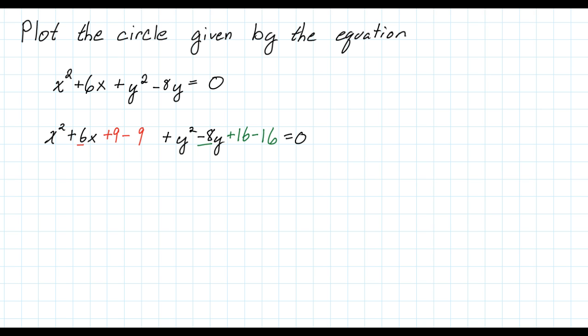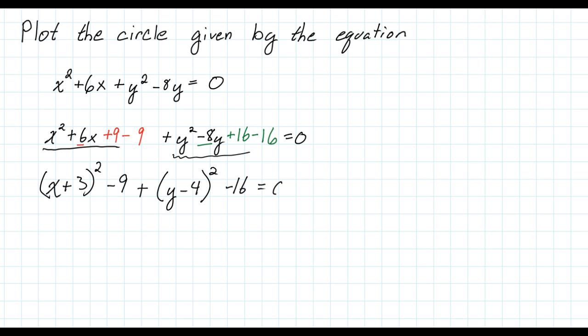And so now these first 3 terms are going to simplify or factor to x plus 3 squared, and then I have that minus 9 that we'll deal with in a second, plus these 3 terms are going to give me y minus 4 squared. And then I have that minus 16.